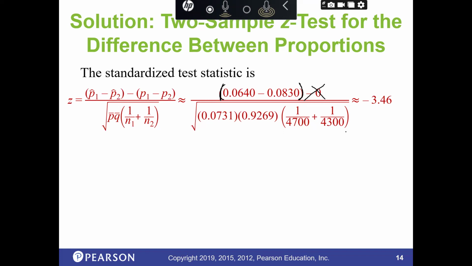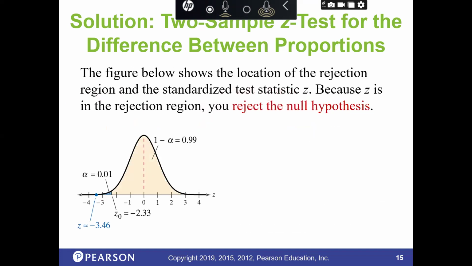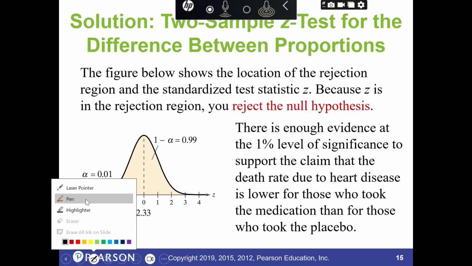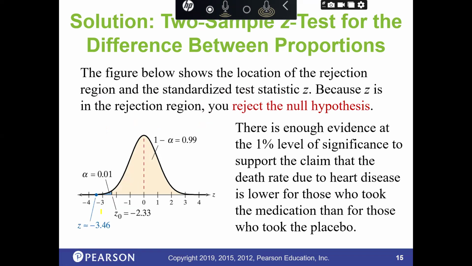I got a negative 3.46. Let's see what happens here. If I graph negative 3.46, it does go into the rejection region. So we reject the null hypothesis, and our claim was the alternative hypothesis. Therefore, we have enough evidence at the 1% level of significance to support the claim.